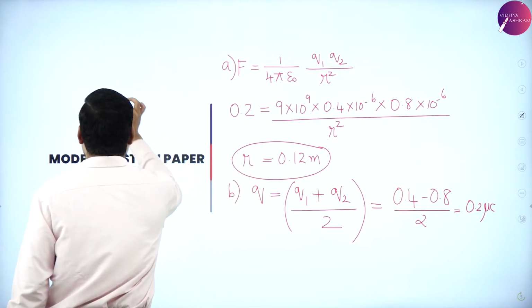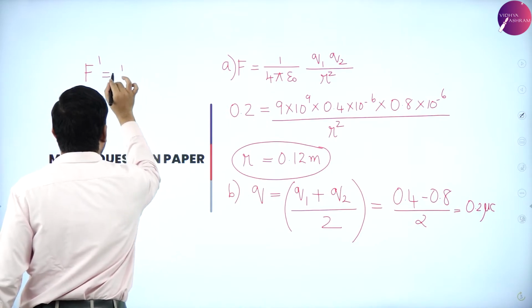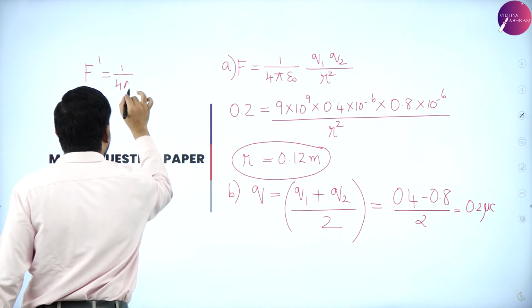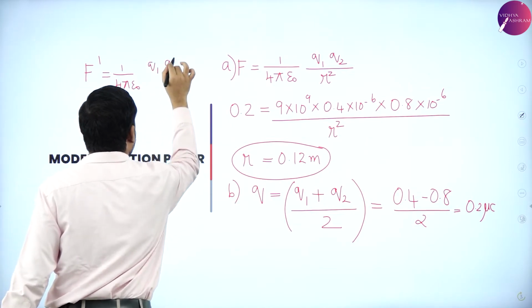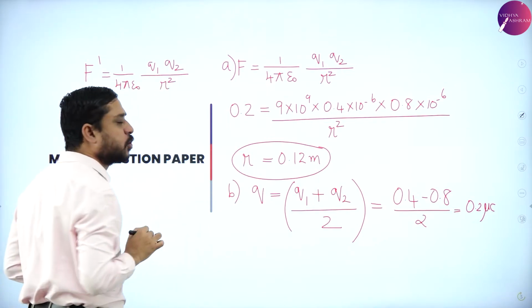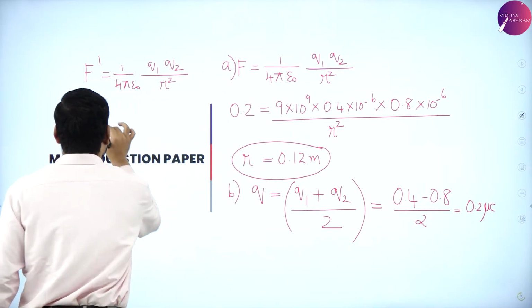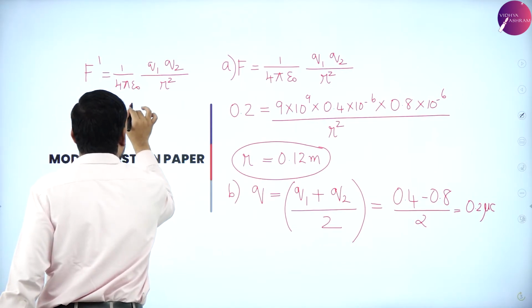The new force I call F dash is 1 by 4 pi epsilon naught Q1 Q2 by R square, or this is 9 into 10 power 9.